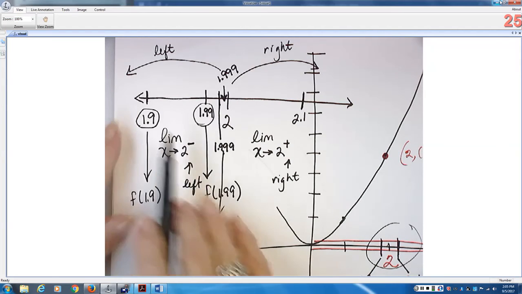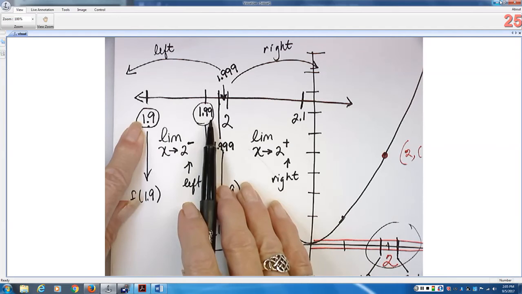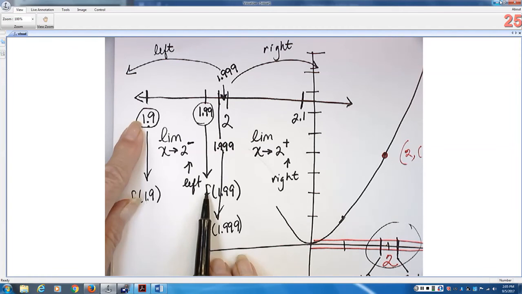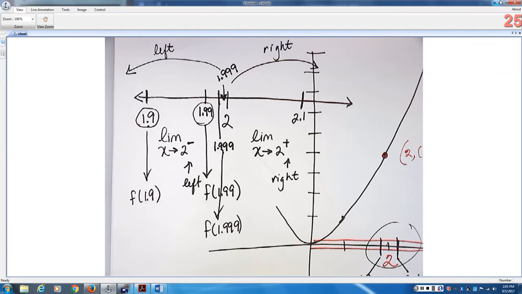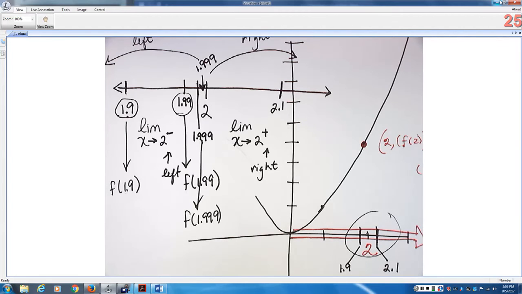So what you notice here is that if I start out here 1/10 away and I move a whole lot closer by adding a 9, what I hope to see happen is that this number might not be real close to 4, but this one should be getting closer to 4, and this one should be getting closer to 4, and the closer I move to 2, the function value should be getting closer and closer to 4, which is what's actually going to be happening on the graph.